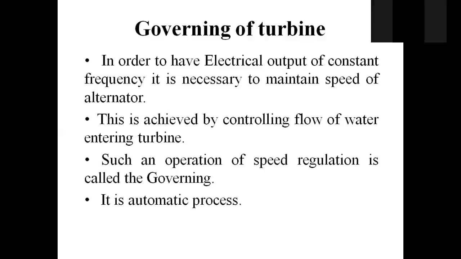This is done by a governing mechanism, and this controls the flow of water which is striking the turbine. Since this is an automatic process, this is called speed regulation or the governing process.